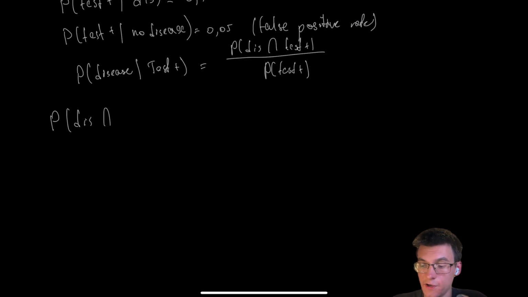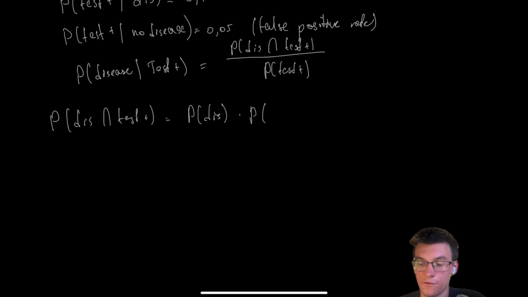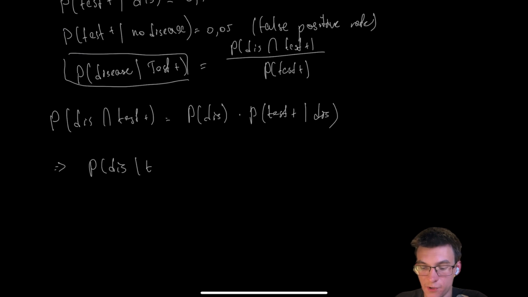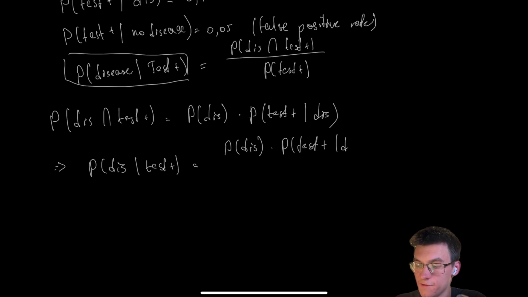It is the disease and at the same time a positive test. This can be written as the probability of having the disease times the probability of having a positive test, given that we have the disease. It is essentially the converse version of having the disease based on the positive test. So the probability of having the disease given a positive test equals the probability of having the disease multiplied by the probability of a positive test given the disease, over the probability of a positive test.